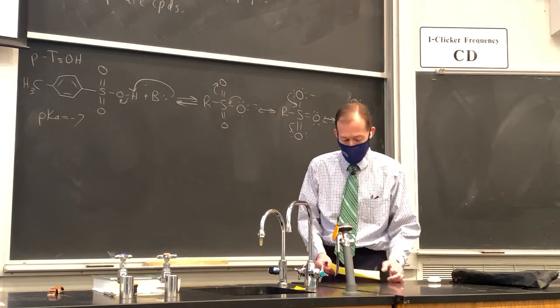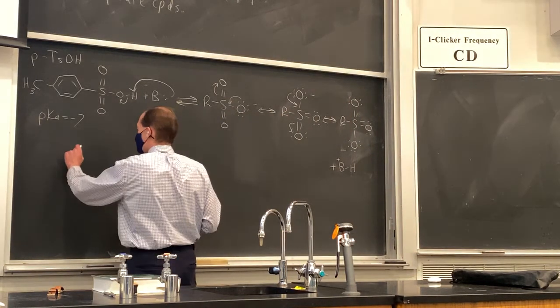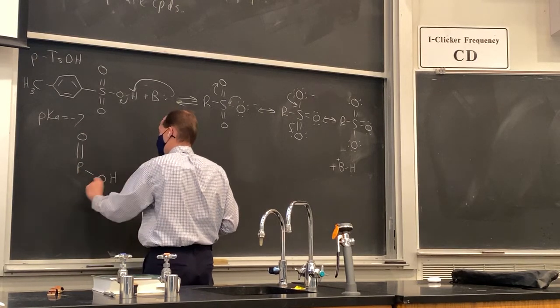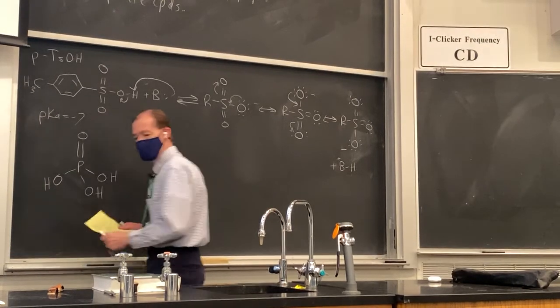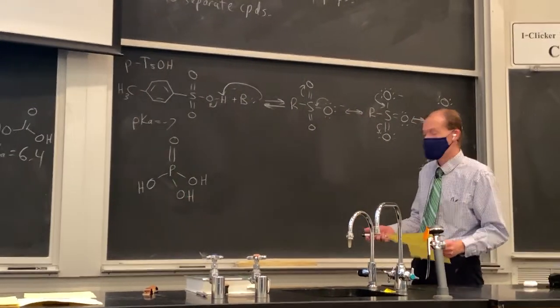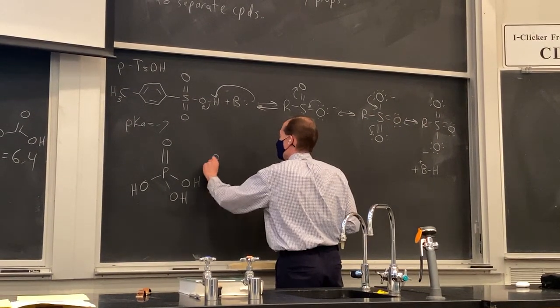All right, another class of organic acids are derivatives of an inorganic acid, which is phosphoric acid. So we'll draw phosphoric acid on the board, H3PO4. It has 3 acidic hydrogens, and so we have 3 pKa values.